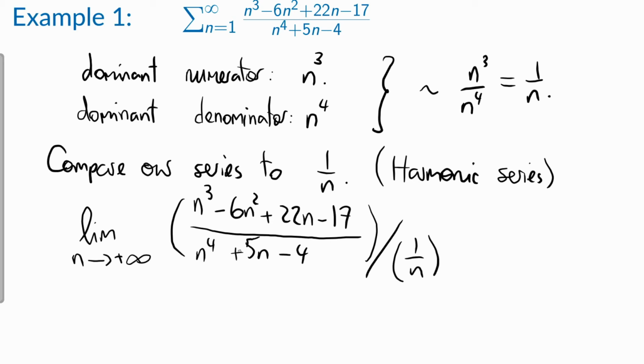Right? We take the ratio of the terms of the two series, and we look at the limit of the ratio as n goes to infinity.